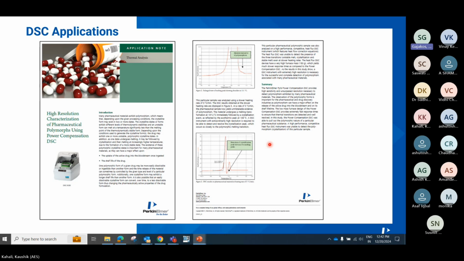At 3 degrees centigrade, it actually shows two peaks. When the first melting ends, there is a second peak showing for the endothermic reaction. So it separates out the two polymorphs, and then we can identify polymorph 1 and polymorph 2, and which one has to be selected for the final formulation.